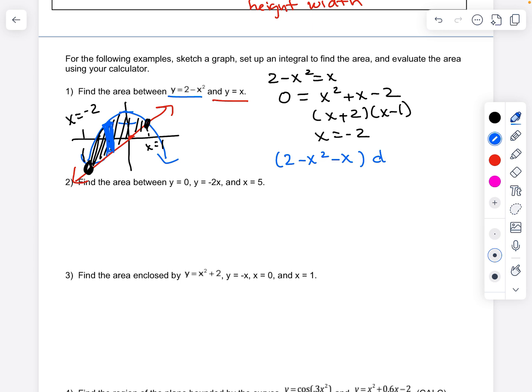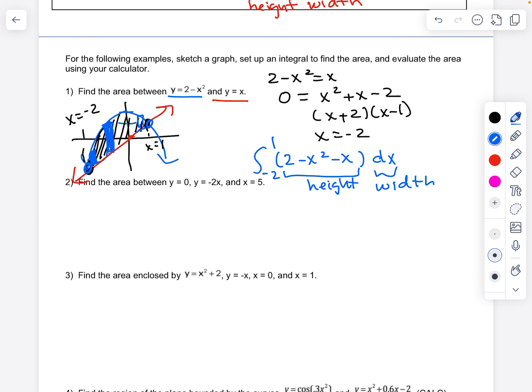The width of this rectangle we call dx, or that's delta x. So I've got the height of the rectangle. This is the width of the rectangle. So this is the area of that one rectangle. But what I want to do is add up all the rectangles from -2 here to +1 to get the entire area of that region. So this is my setup.